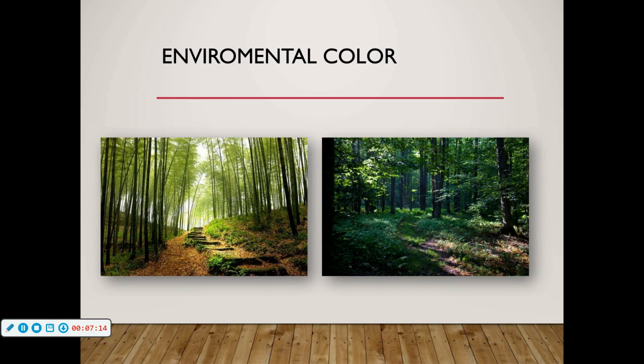If all of that chlorophyll is reflecting green and yellow light predominantly back to our eyes, we're going to interpret the environmental color of a forest as probably green. Unless it's winter, then it might be brown or blue.